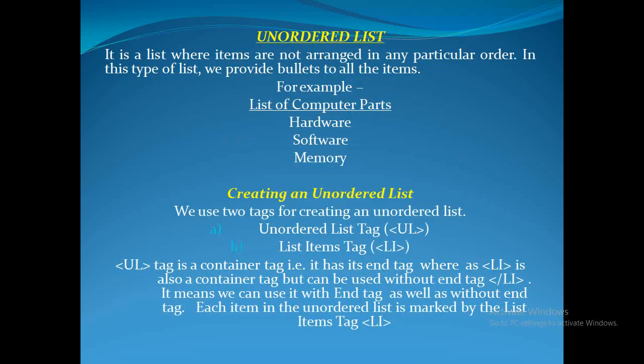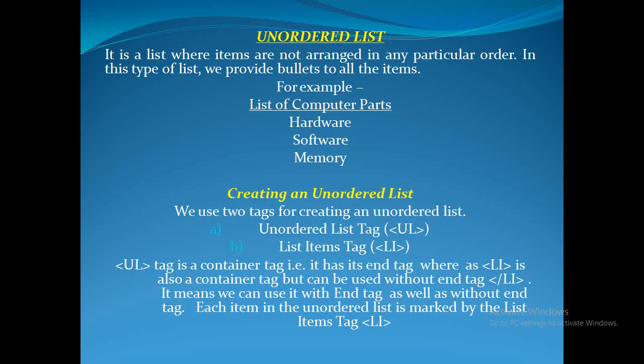Let us see what an unordered list is. It is a list where items are not arranged in any particular order. In this type of list, we provide bullets to all the items.